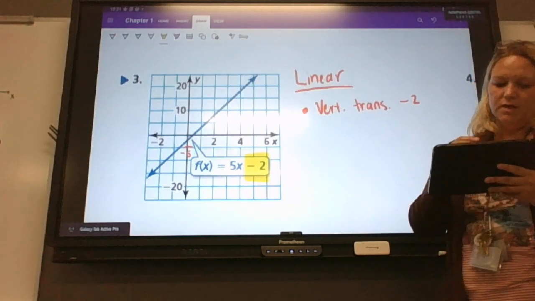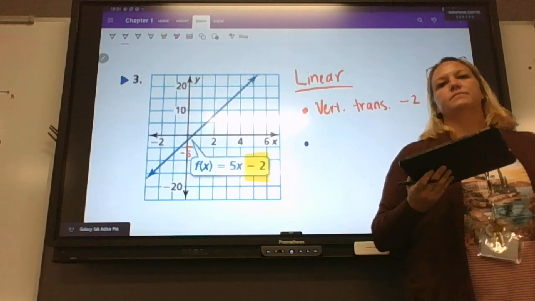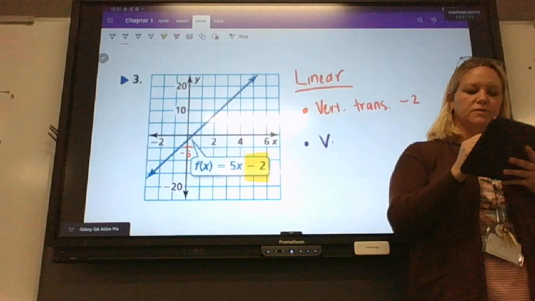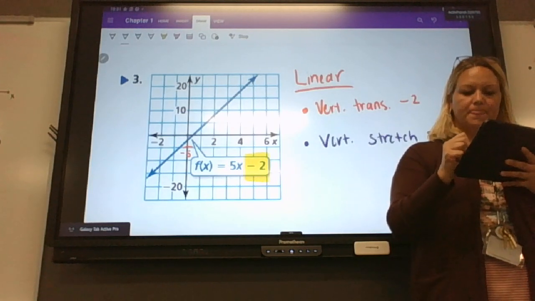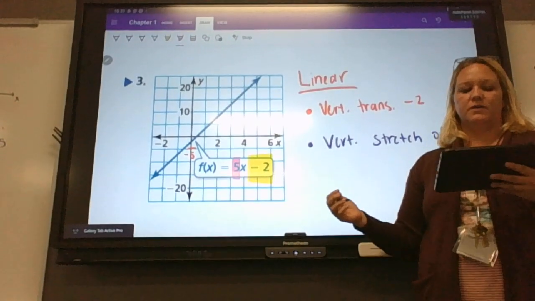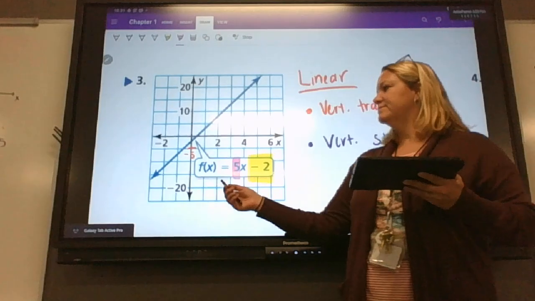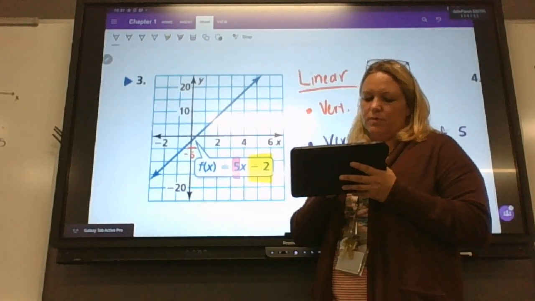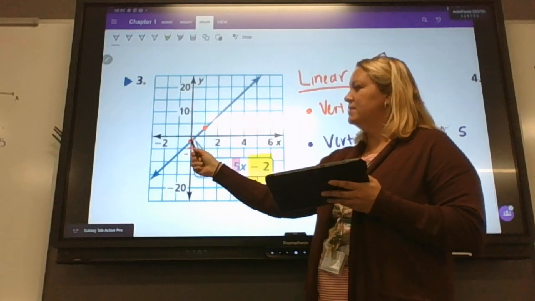All right, what's the other one that maybe you didn't get yesterday, but you're starting to see it today? It's a stretch. It's a vertical stretch of 5. There's a 5 here. It's called an A value. It's so hard to see a slope of 5 here. It's like, here's a point and here's a point, right? And this is 5 and this is 2.